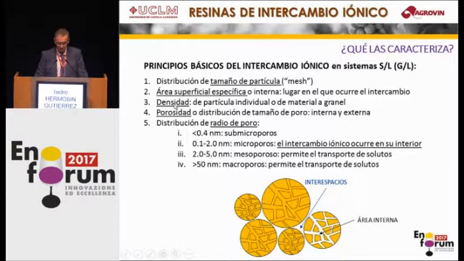We also need to know well how much space there is between and among particles, because it is these spaces that dictate another relevant characteristic, which is the resin density.